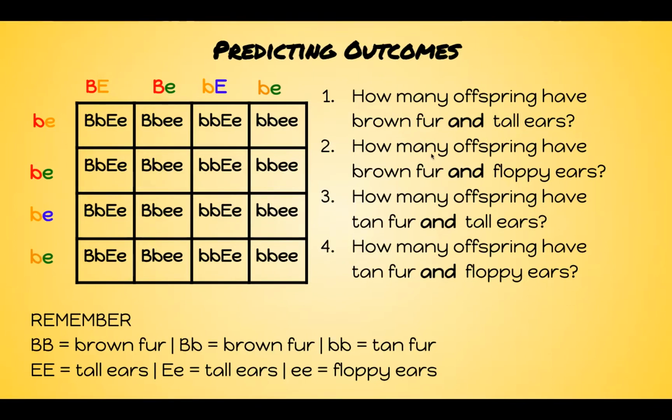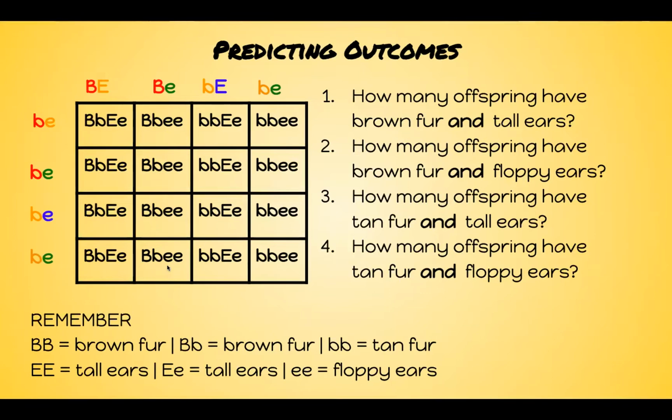All right, so the next question, how many offspring have brown fur and floppy ears? So remember, that's capital B, capital B, capital B, lowercase b, and then we need floppy ears, which is the double lowercase e. All right, this one has brown fur and floppy ears. Okay, so I can count that column. 1, 2, 3, 4.